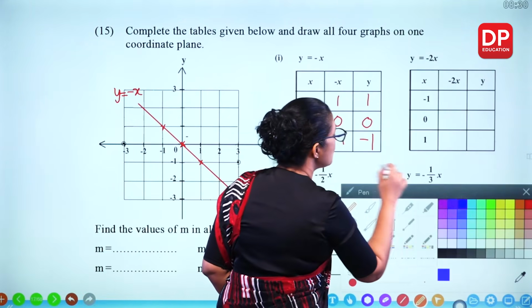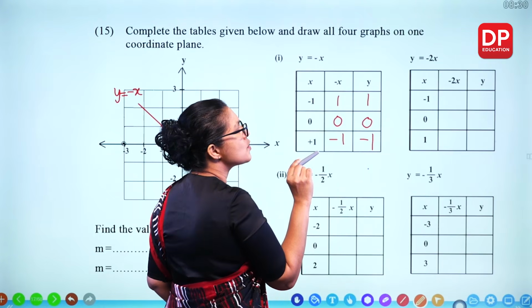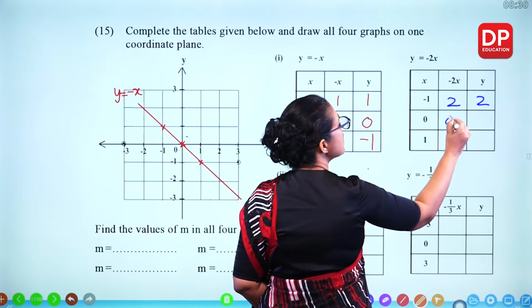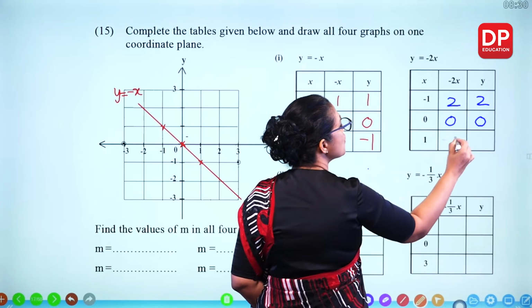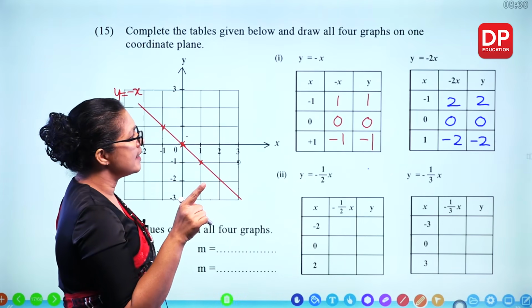Y equals -2x. So here if x equals -1, -1 times -2 is +2. 0 times this is 0. 1 times -2 is -2. So what are the coordinates there?